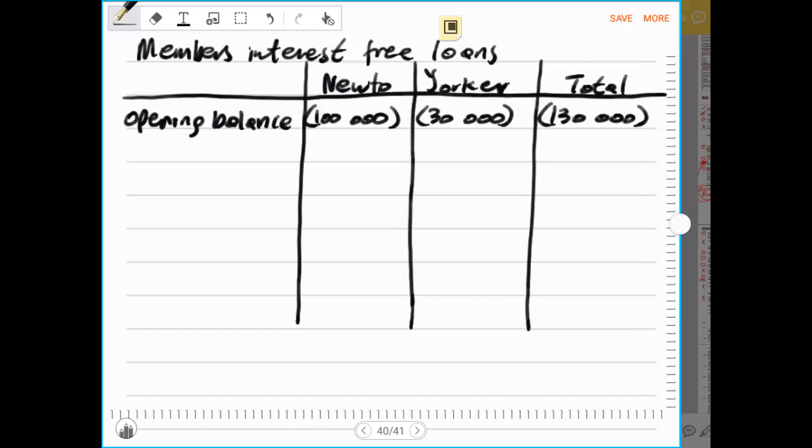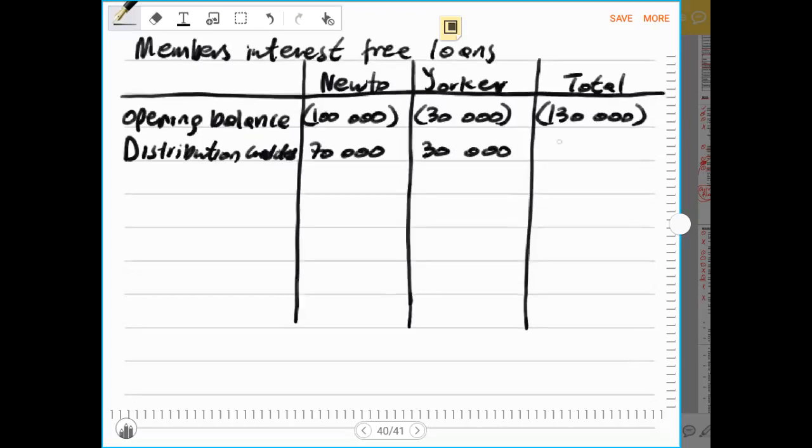So now we have a distribution that was credited, and the distribution will say that it will be 70,000 rands, and here it will be 30,000 rands. Then the total will be 170,000 rands.